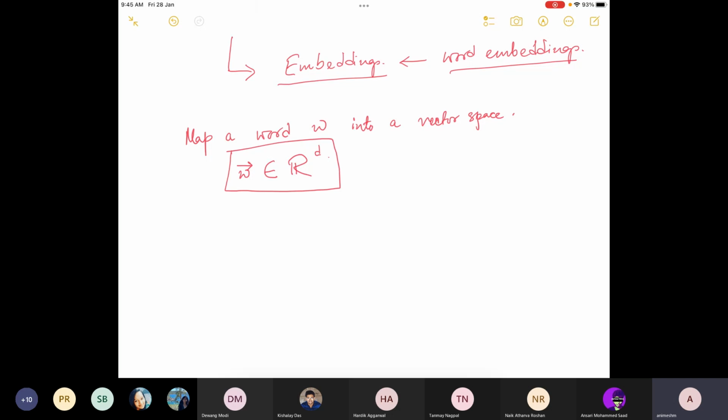Now, the question is, why do we care? Why do we care about this kind of embeddings? Any reason?